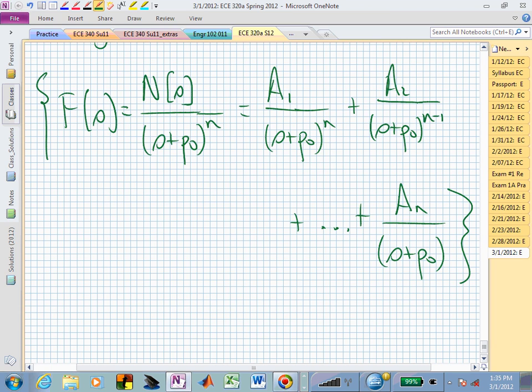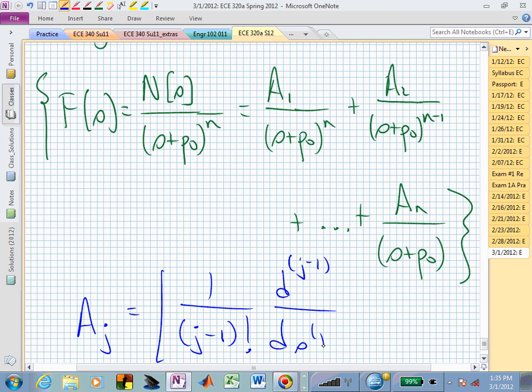And in terms of the way that we've defined those a's, we can now say that each of those a's, let's say a sub j, is now going to be defined as 1 over j minus 1 factorial, the j minus first derivative with respect to s of this term s plus p sub 0 to the n f of s.